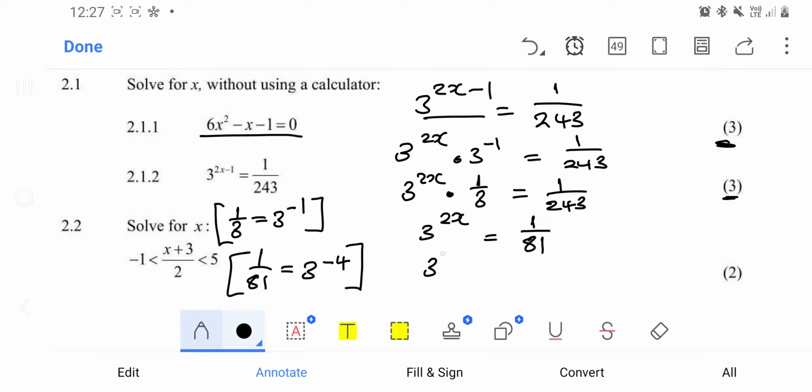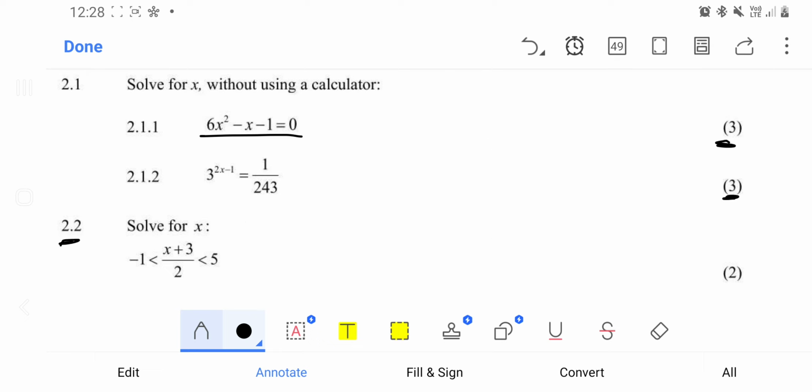So it means we have 3 to the power of 2x is equal to 3 to the power of -4. So it means we get 2x is equal to -4. Since we have the same base on either side of the equal sign, we drop them and then we equate the exponents. So the final answer is x equal to -2. And then we get 3 marks for that.